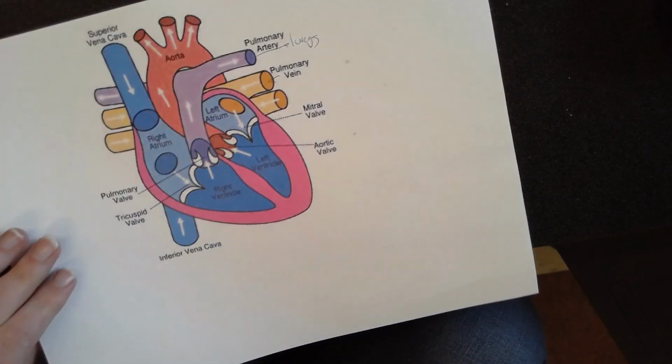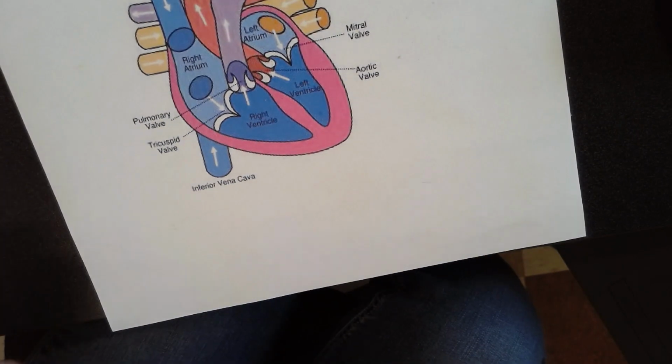And that is the basic blood flow through the heart. So one thing that I didn't talk about in this picture is the blood supply to the heart. And that is done through the coronary arteries. So you have the ascending aorta.